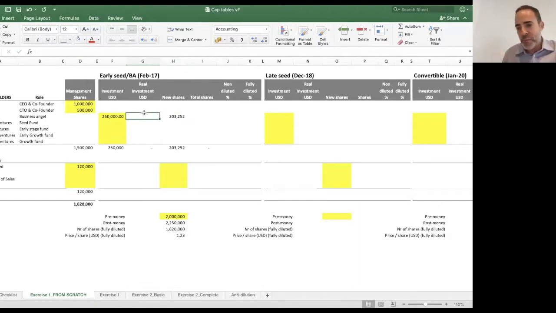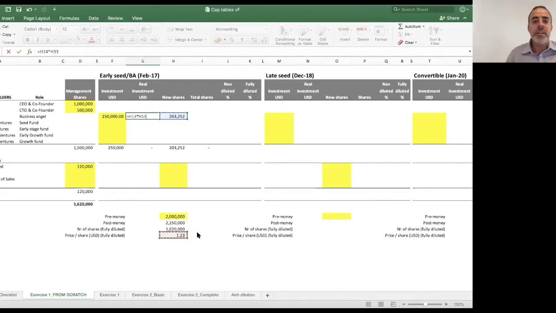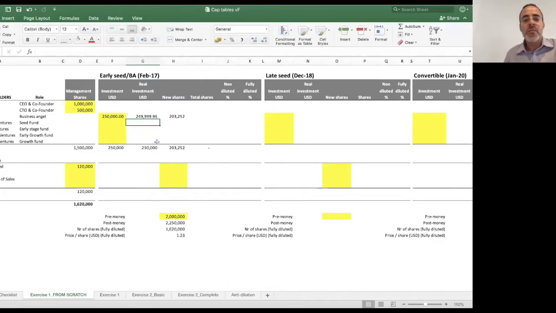And now, to be very precise, the business angel is not going to give you exactly 250. It's going to give you 203.252 thousand shares multiplied by 1.23, which means he's going to give you $249,999.96. So this is what we use as a reference, but in the legal documents this is what he's going to give you, because again the decimals get lost, since we can only have a discrete number of shares, okay?